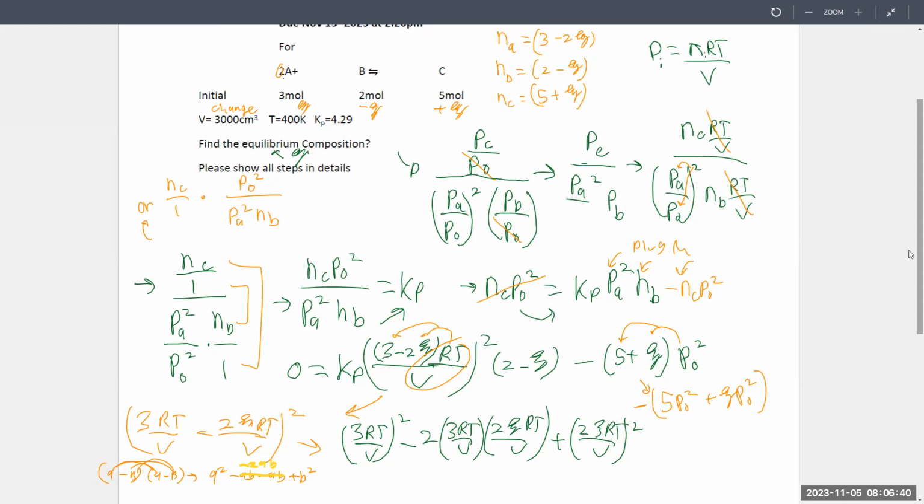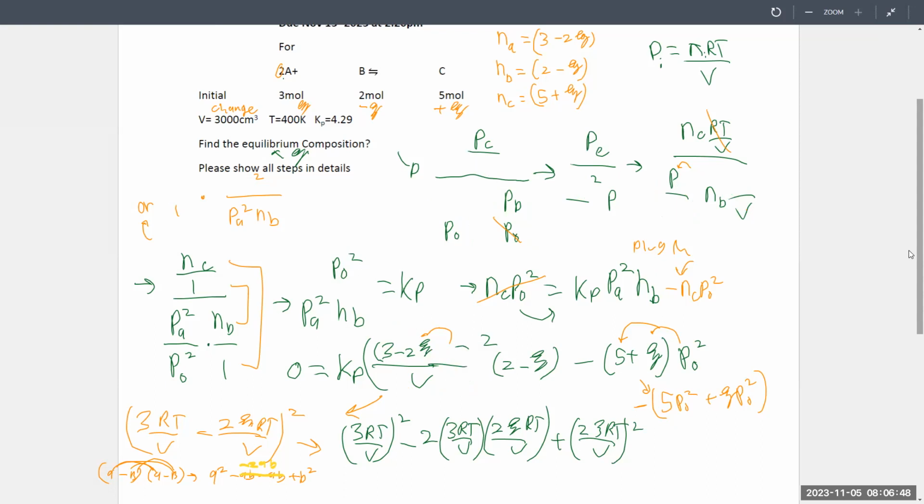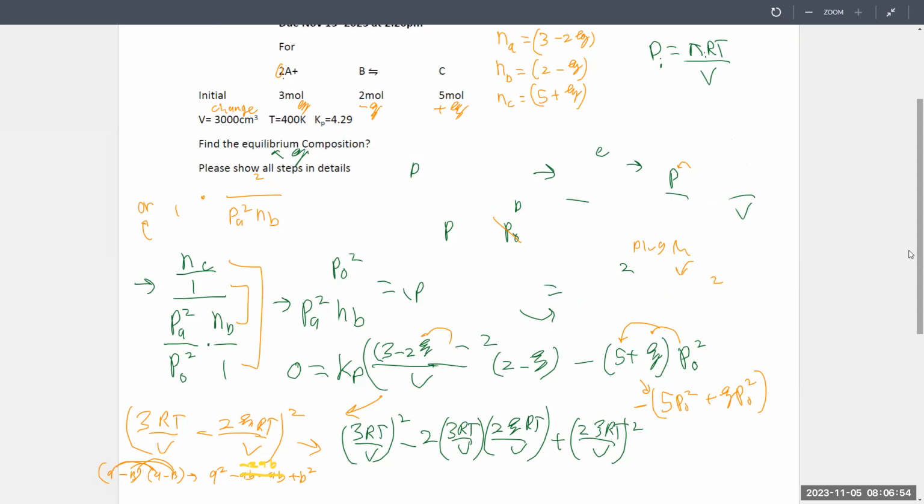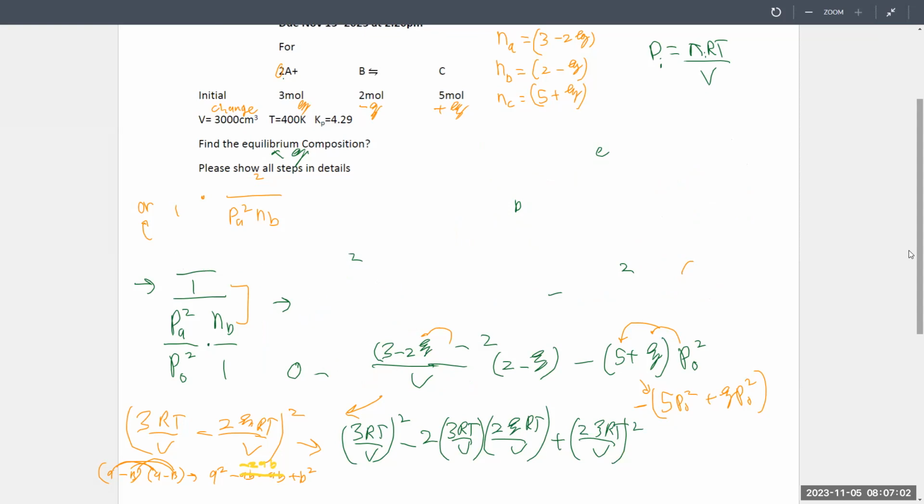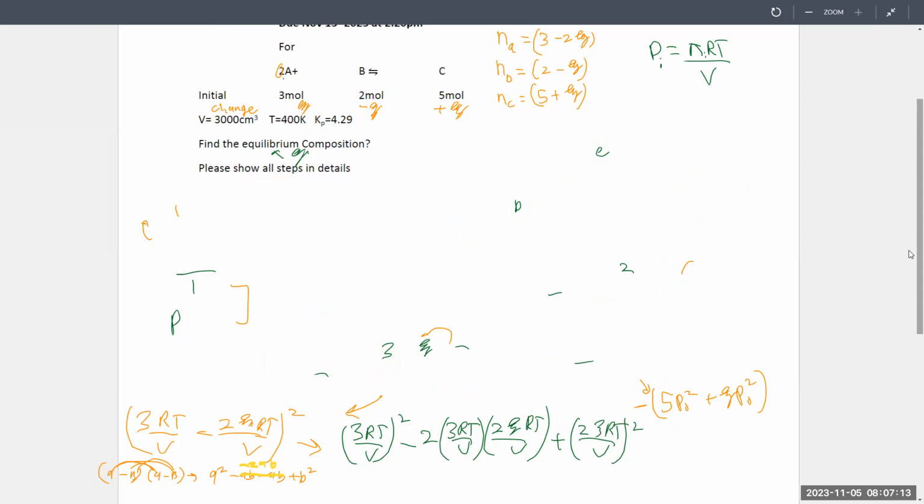Which I'm gonna need more space, so give me a second while I erase stuff. Why did I do that? Oh no, I need that equation.